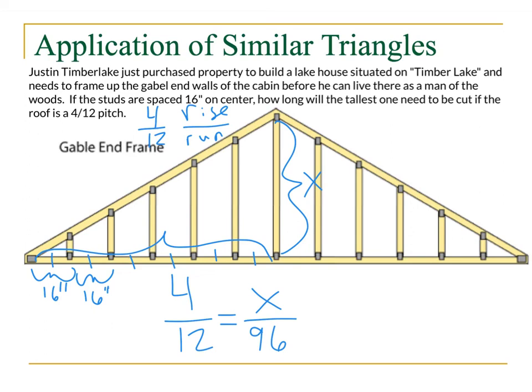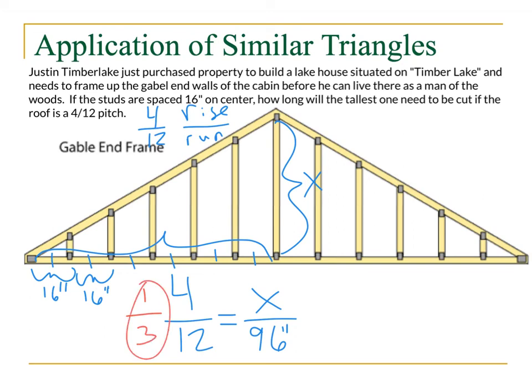All right. And I think it's helpful to note in an application problem that we're dealing with inches here, right? So inches. Okay, so everything's in inches here. All right. So when I multiply 96 times 4, or wait, hold up. I think I could simplify a little bit first, can't I? I could do, let's see here, what's 12 divided by 4? 3. So I could do 1 over 3.